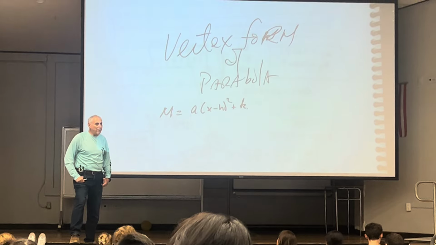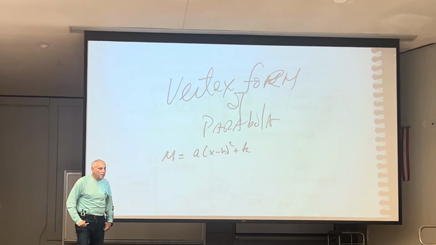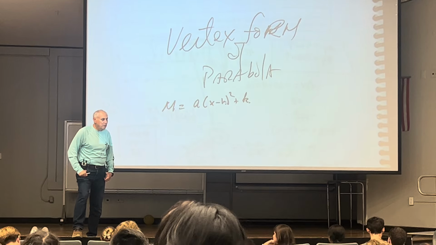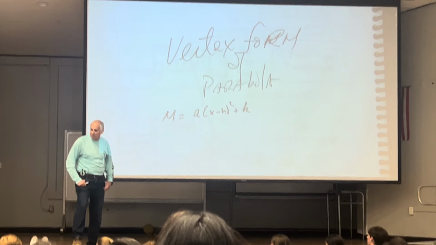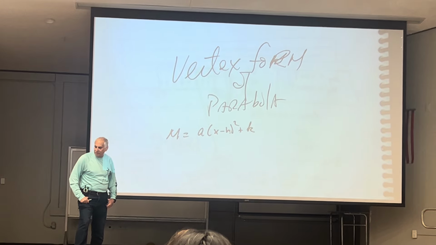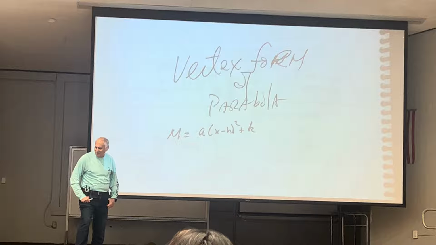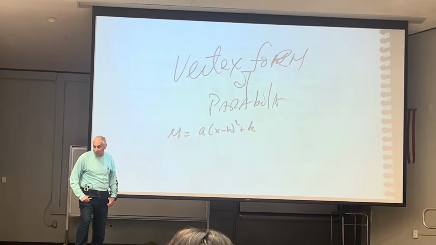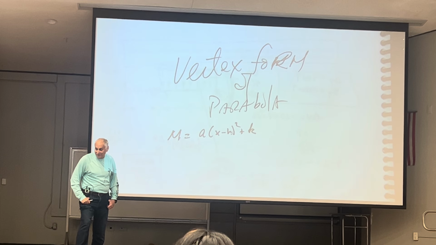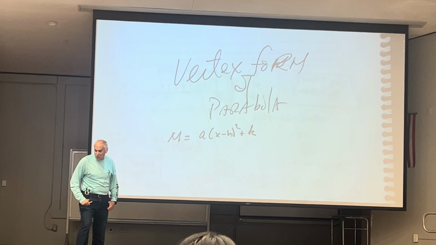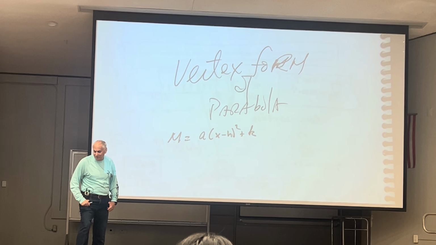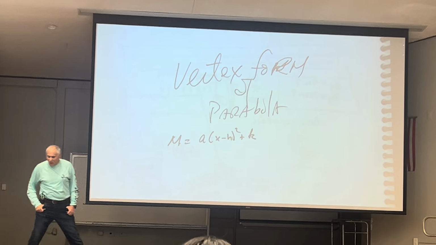How many remember that now? How many saw this for the first time? Seriously? Why? A prep school should have taught you this. What prep school is that? Really small. How small?